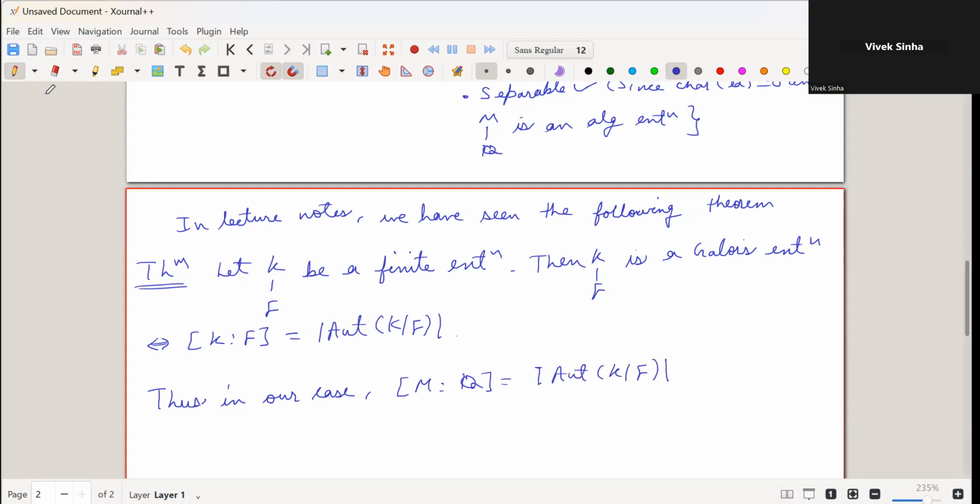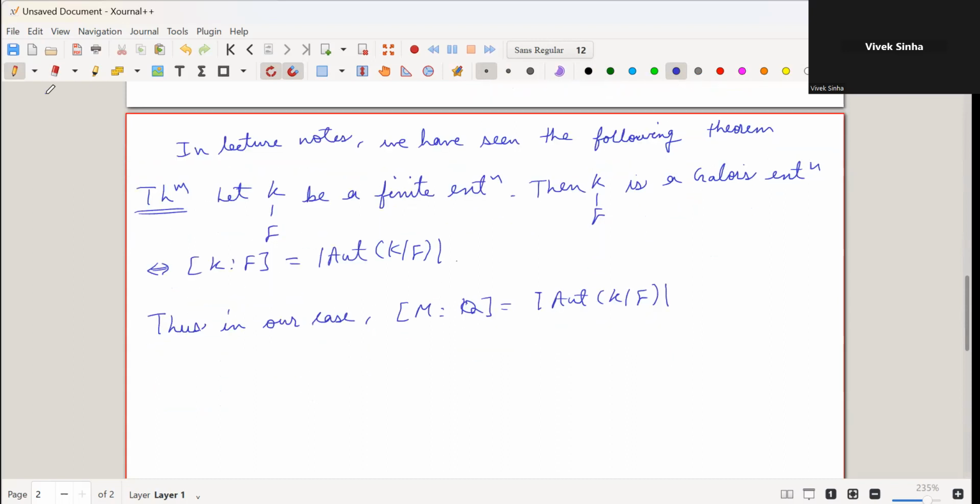M is Q(i), so it has dimension 2, right? So this implies the group is of order 2, and any group of order 2 is isomorphic to Z2, right? Here I should have written M over Q.